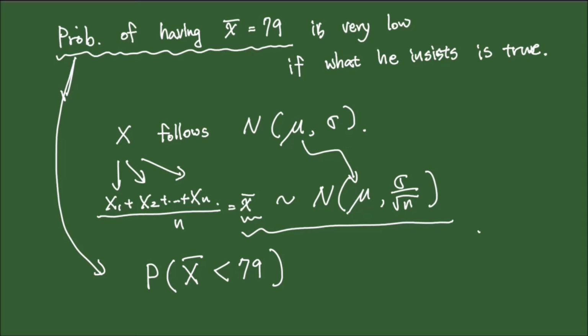So to test whether his opinion is true or not, I want to calculate this probability, and if this one is high, then I believe his opinion. But if this probability is really low, then I don't believe him.